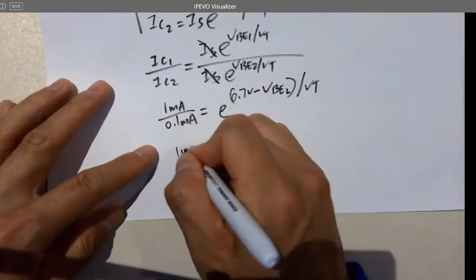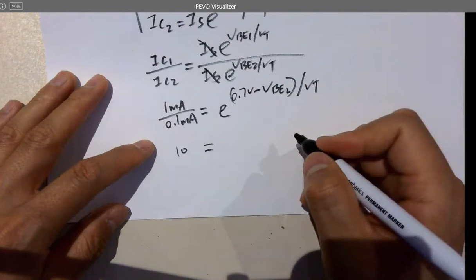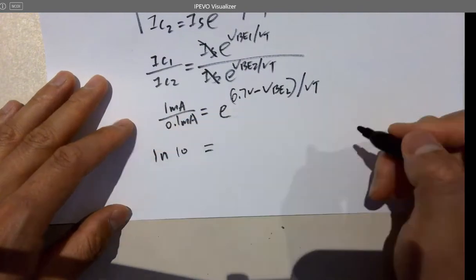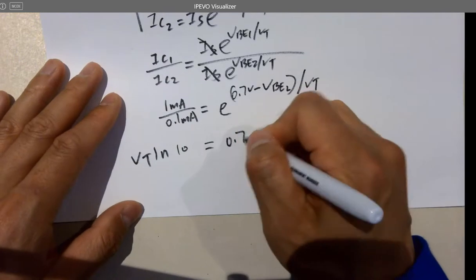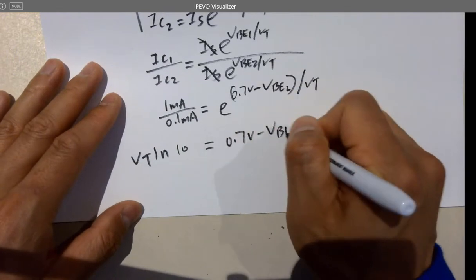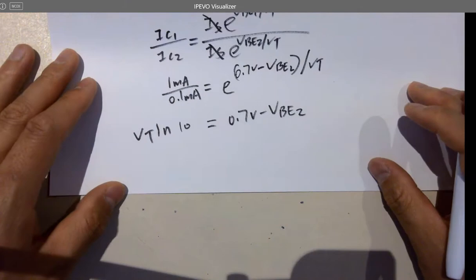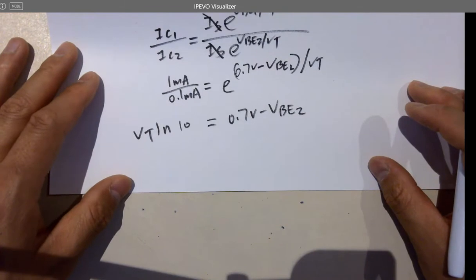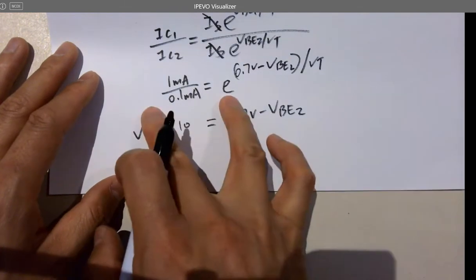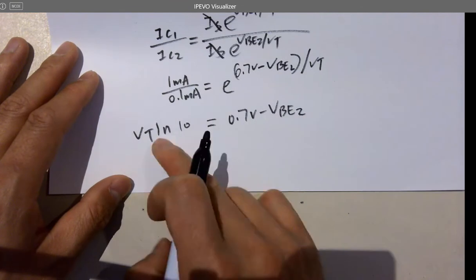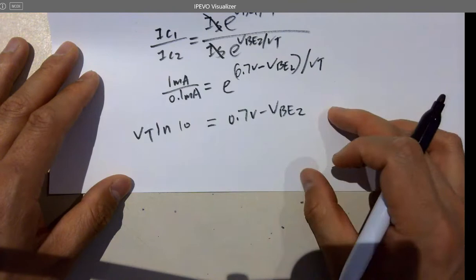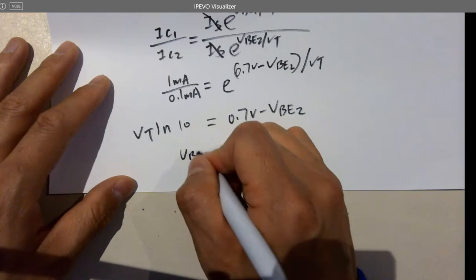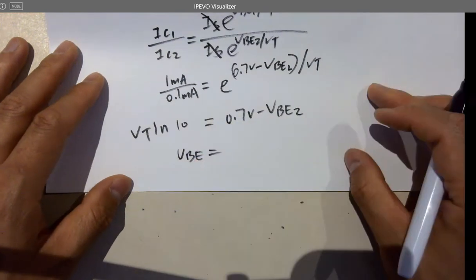So this is 10 equals e to the power of that, so natural log of 10 times VT equals to 0.7 volts minus VBE2. Okay? It's natural log on both sides, right? So you can get this equals to this. So you can calculate for VBE easily.